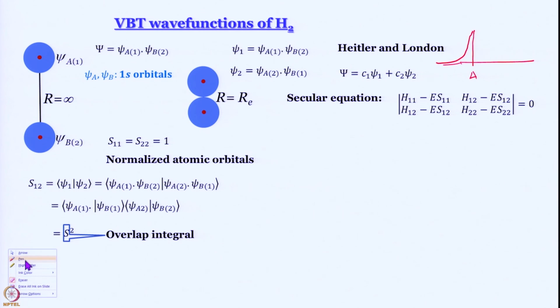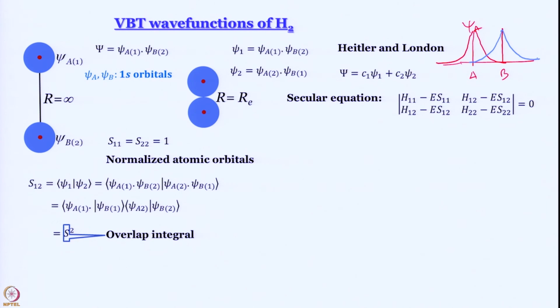So, this is your psi A, and let us say your nucleus B is here. For that we will use a different color. This is the 1s orbital. 1s orbital is an exponential decay, remember.